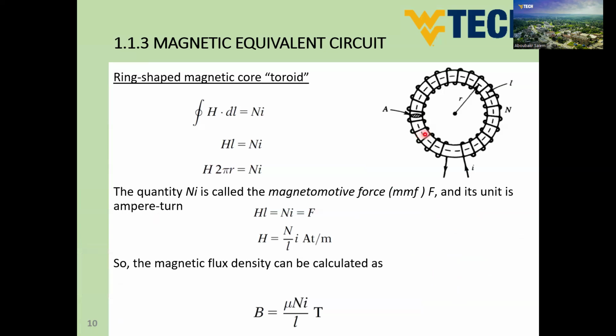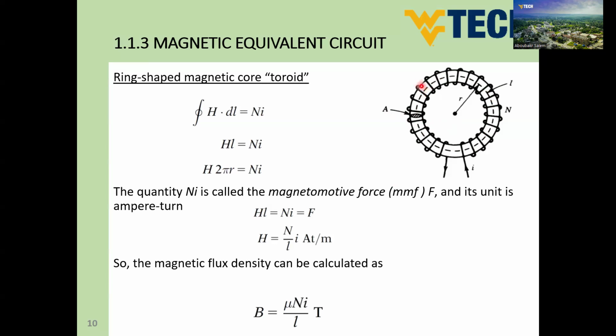So here, guys, we have a toroid, and this toroid is made of a certain magnetic material. It has a circular cross-section area of A, and the radius of the average length, so the average length is going to be the center of the toroid.